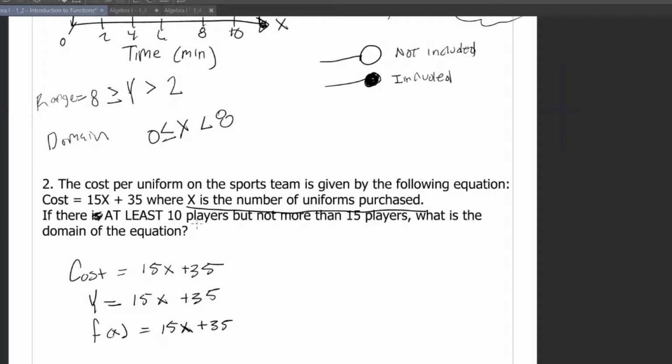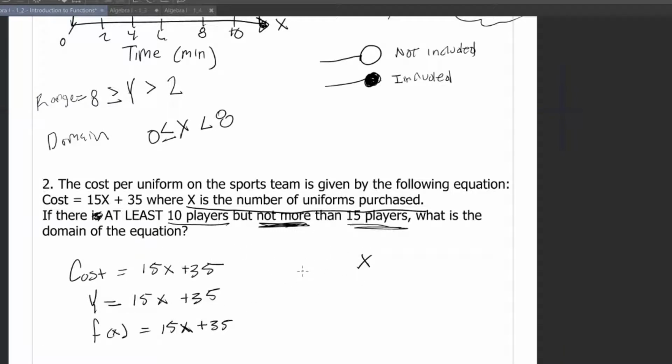They are saying that x, if there are at least 10 players, but not more than 15 players. So at least 10 players, that means there can be 10 players, but not more, as in no greater than 15, but 15 is included. What is the domain of the equation?